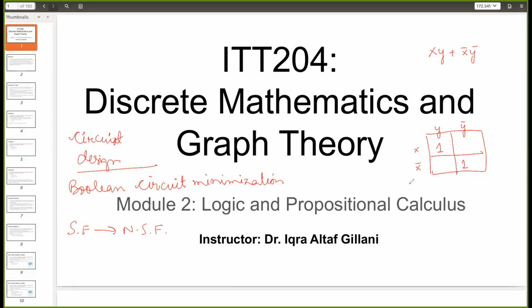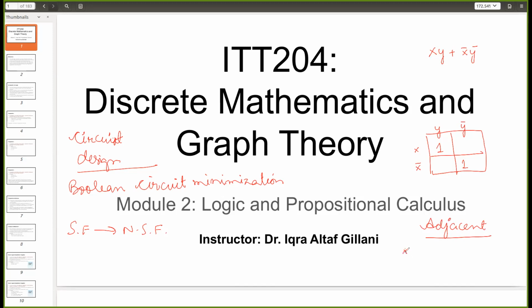And then we saw how we can minimize it. We can minimize only by grouping the ones together. Our goal is always to start from the highest grouping of ones and try to reduce it to the least possible literals. So how do you do the grouping? For that comes the concept that the cells should be adjacent. Can anyone recall when we say two cells in this Karnaugh map are adjacent?